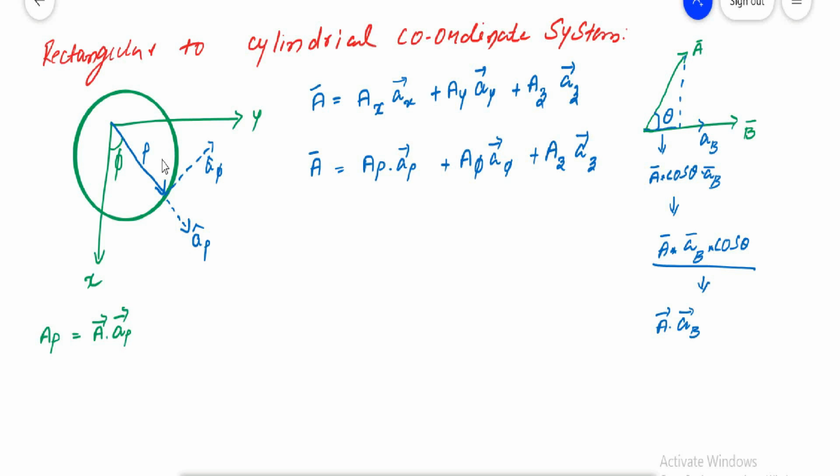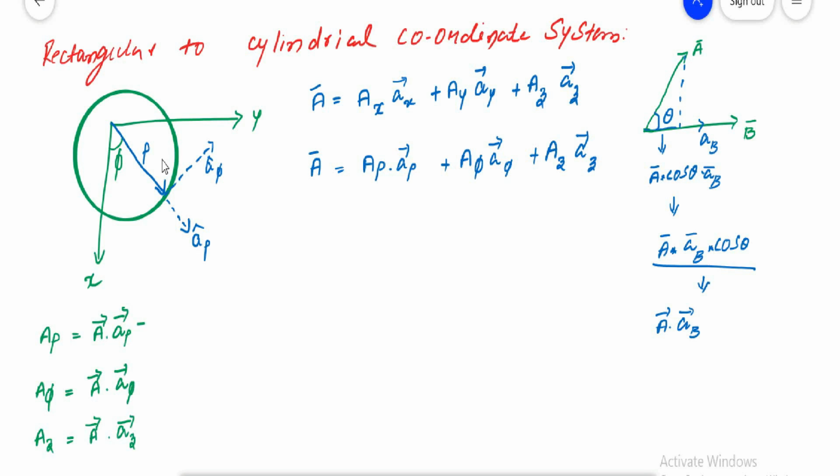And the projection on phi, A phi, is equal to the unit vector. Next, Az is equal to the projection of A on the Z direction, that is A dot product with a z.